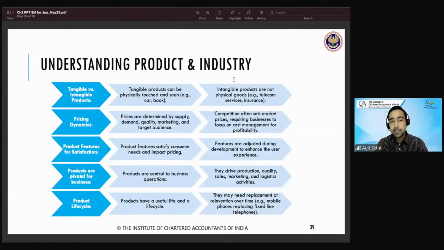Tangible, intangible, then pricing dynamics. There was a question on this. Competition often sets the market price, but you can also play if the product is great. Product features: what do people really want? People really want vibrant colors in your sneakers. Let me ask you this very quickly. Product features for satisfaction. In the same sneakers business we started, which of the two colors would you produce more?